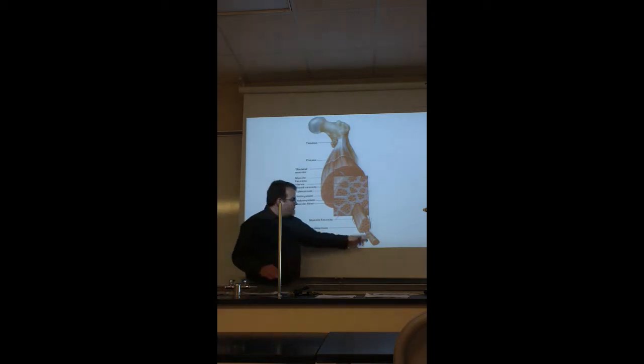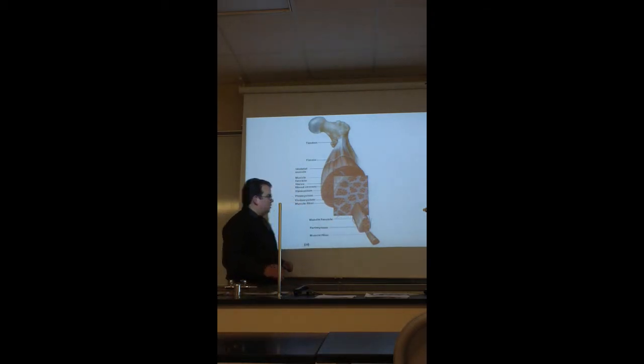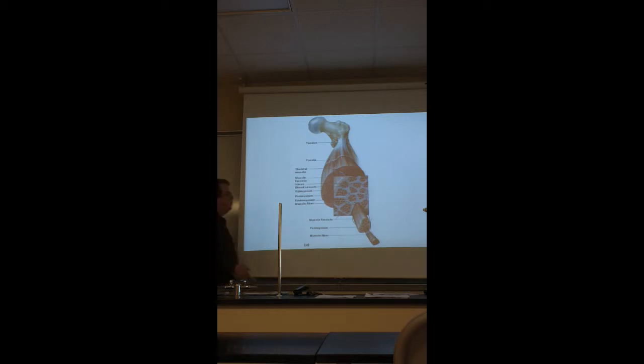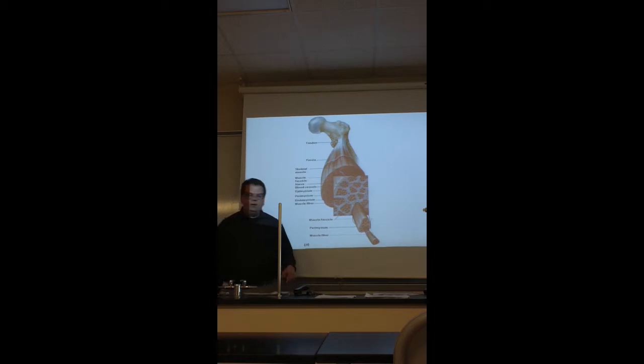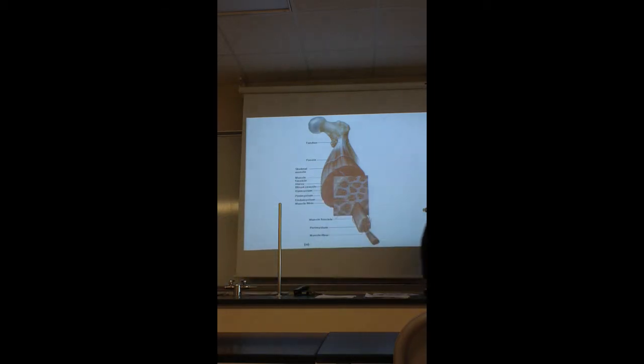A muscle fiber, or a muscle cell, is packaged in this little bundle of sticks called a fascicle. And then fascicles are arranged in different ways to make up a muscle. And again, we'll talk about the different arrangements of fascicles, those bundles of sticks, next week. So not something we're concerned about right now. I just show you this picture so you understand we're talking about that little detail: one muscle cell, or muscle fiber, in the entire muscle. We're going to spend all our time talking about that.